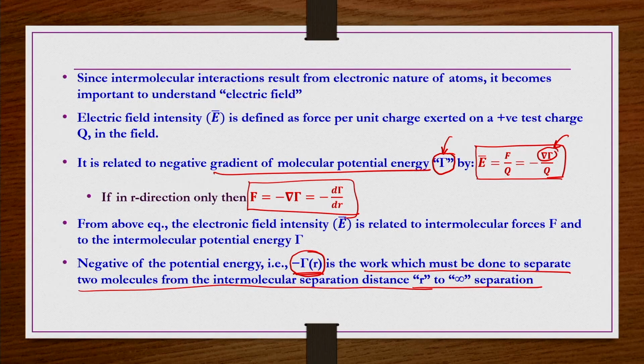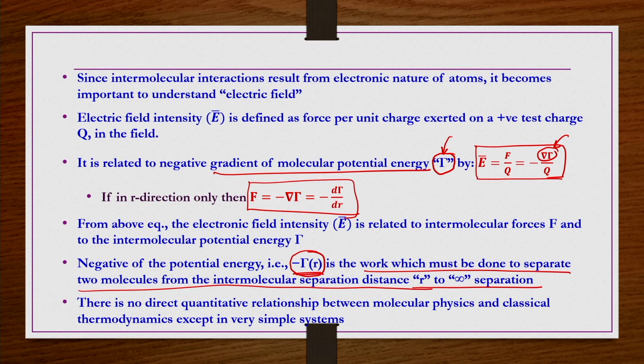So, when you take two molecules, there is a gamma, the intermolecular potential. Okay. So, how much work should be done in order to separate these molecules beyond r to infinite distance, so that there should not be any intermolecular forces? That much work must be done to separate two molecules from the separation distance r to infinity.